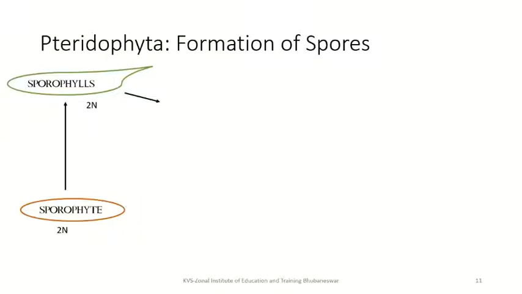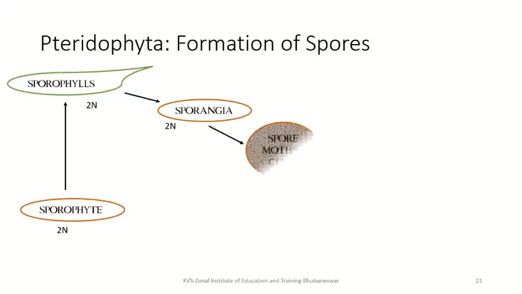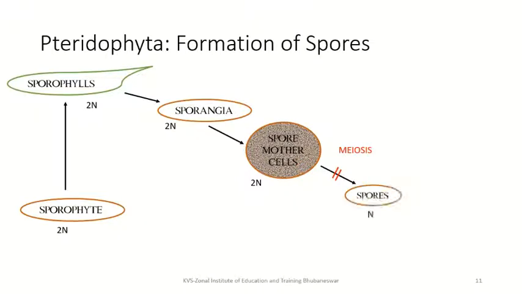These sporophylls have sporangia. Within the sporangia are the spore mother cells. Now these spore mother cells will undergo meiosis to give rise to haploid spores. You recall that meiosis is a reduction division where the chromosome number is halved. Now these spores will germinate to form the gametophyte.